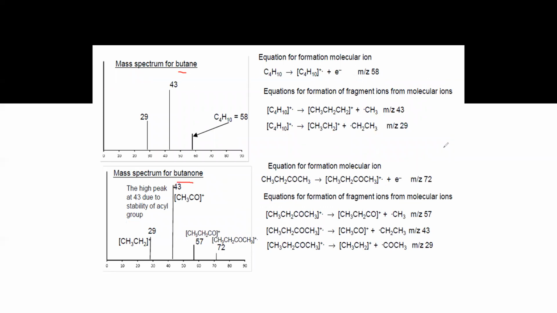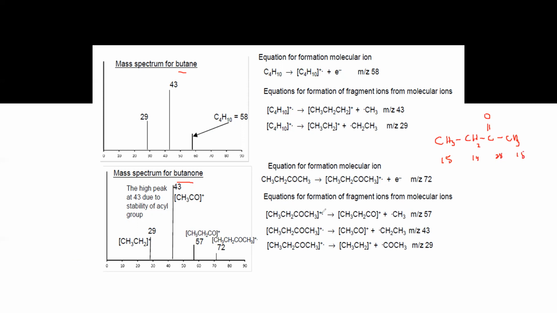So this is butanol, CH3CH2. This will be 15, 14. This will be carbon, 12 plus 16, 28. And then 15 will be there.